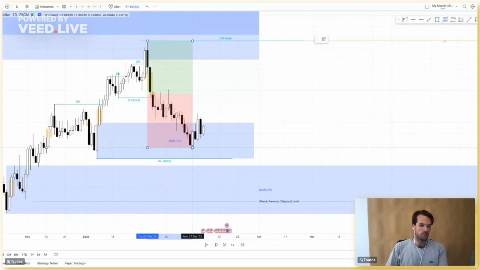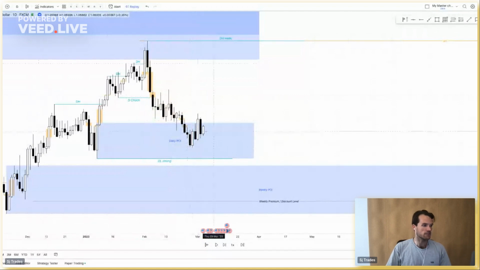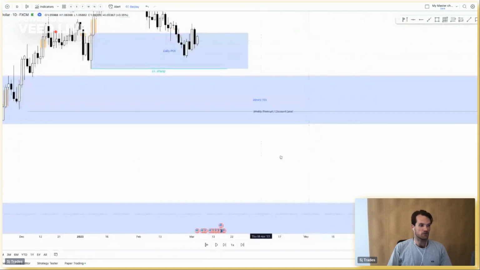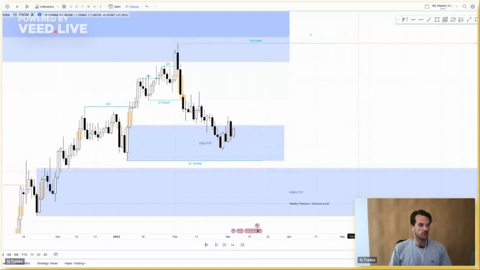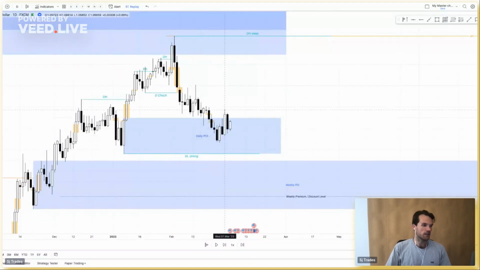Not really much information here. There's obviously a sweep here, but a lot of imbalance above. So we'll be more interested in local price action here. If the bullish trend was to continue, this is where from here, the daily, we'd expect it to go up. Otherwise, if we do break this, potentially we could see a deeper retracement into this weekly leg as we're prepared for. But right now we're sitting here.